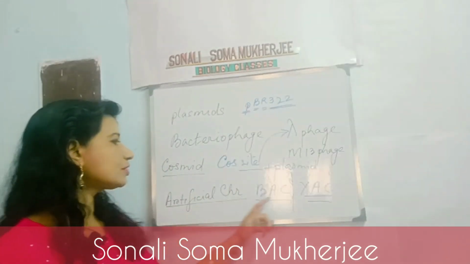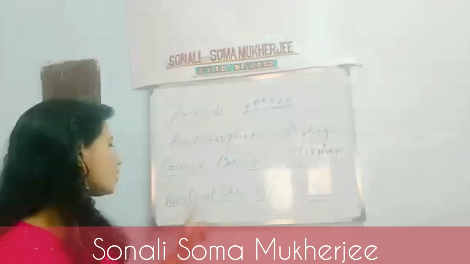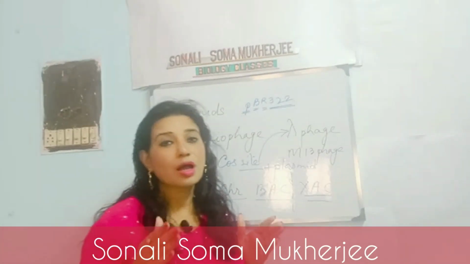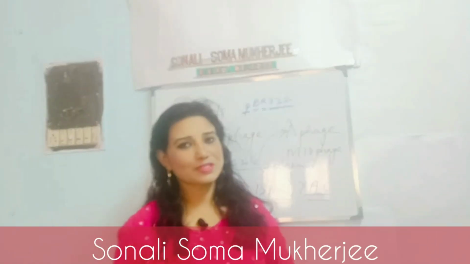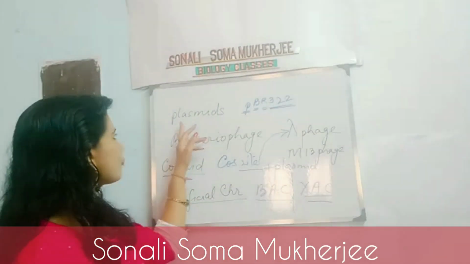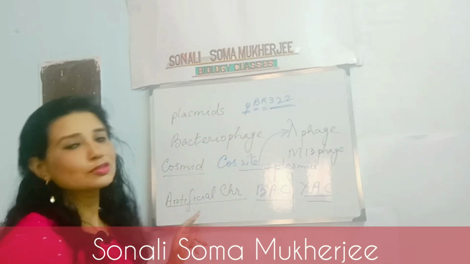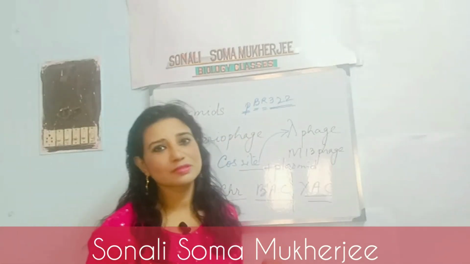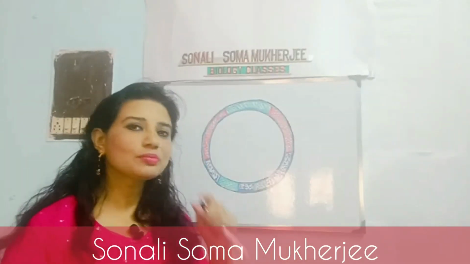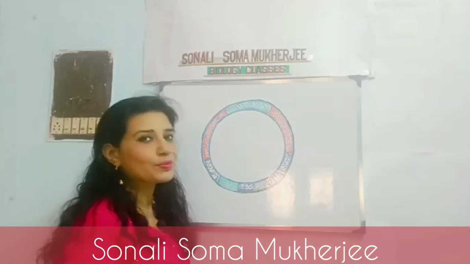Then bacterial artificial chromosome and yeast artificial chromosome are artificial chromosomes able to carry larger nucleotide sequences. So the types I have focused on are plasmids, bacteriophage, cosmid and artificial chromosome, and today's focus will be on plasmids. Back to our main focus today, pBR322.